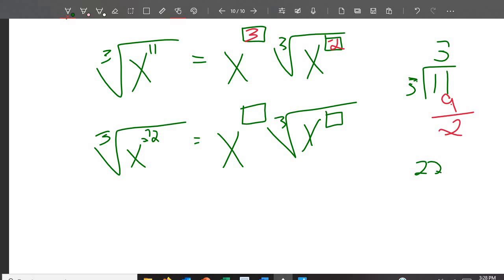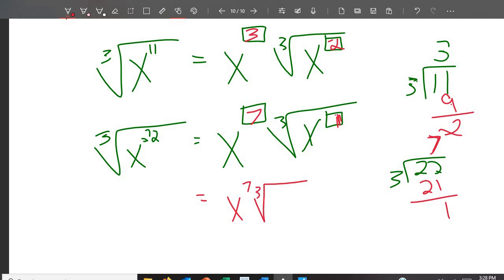So 22 divided by 3 goes 7 times. So 7's on the outside. Finish it out. 1 remainder. So we've got 1 remaining underneath. So this one is x to the 7th times the cubed root of x.